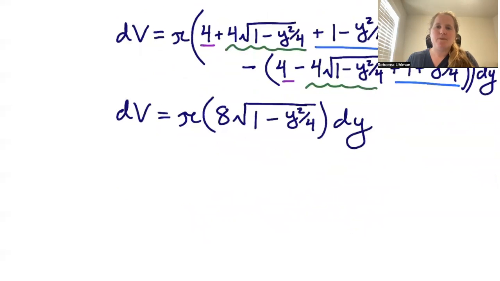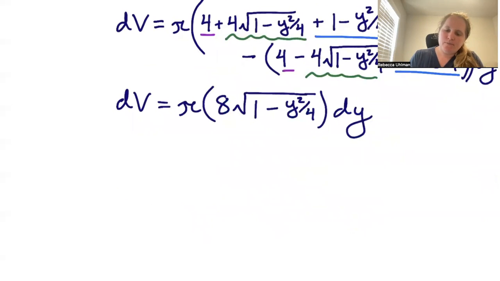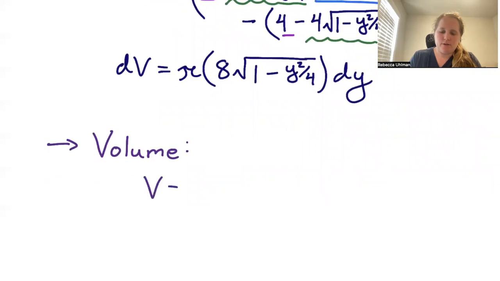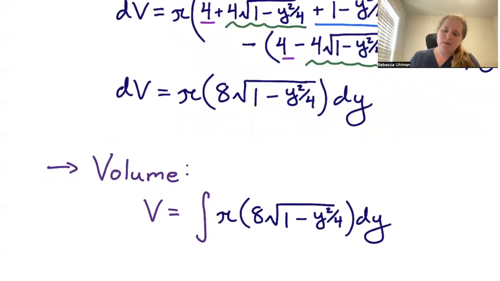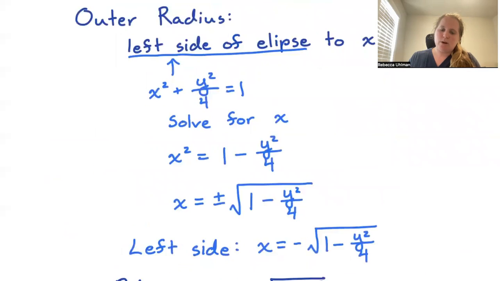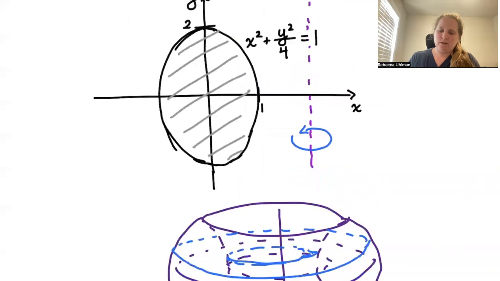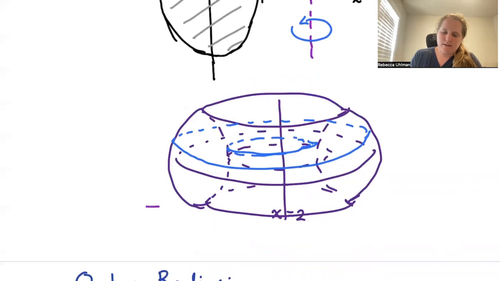So for our volume, we are looking at a definite integral of pi times 8 square root 1 minus y squared over 4 dy. For our definite integral, we are running from the y values. The bottom of our ellipse was at -2.